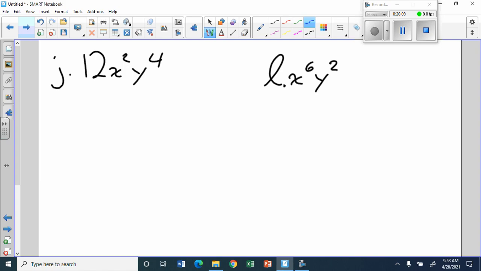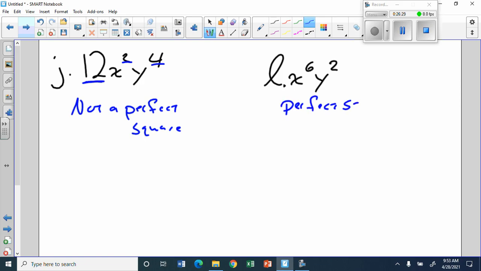J or L? L. So that means this one is not a perfect square. We have an even and we have an even, but this is not a perfect square. So we would say not a perfect square. Because this one is, what is the square root of it? X cubed y. Cut the exponent in half. That's it. Have a seat.